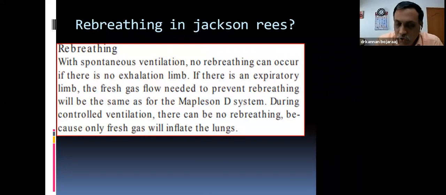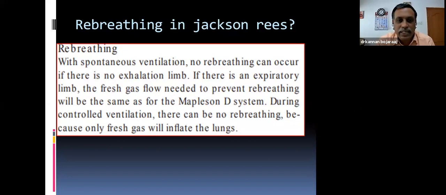No rebreathing will occur if there is no exhalation, as I told earlier. If there is no hose, there is no rebreathing. If there is an expiratory limb, the fresh gas needed to prevent rebreathing is the same as in the Mapleson B system, that is 2 to 3 times the minute ventilation of the patient.